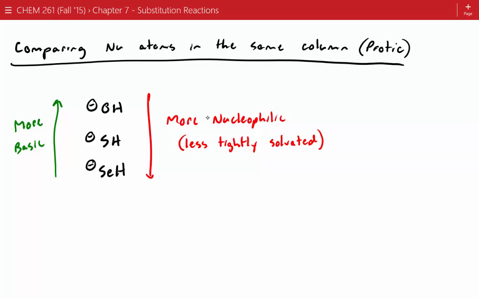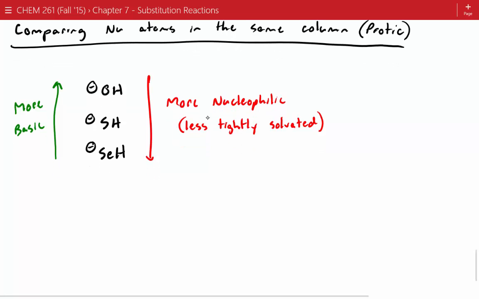But now let's stop and think about things that aren't anions. What if we just have something that's neutral? If you guys remember that last one on the problem of the day, it was just in methanol. I didn't give you an anion. And the methanol did a nucleophilic attack. So now we have to look at, what about neutral nucleophiles?